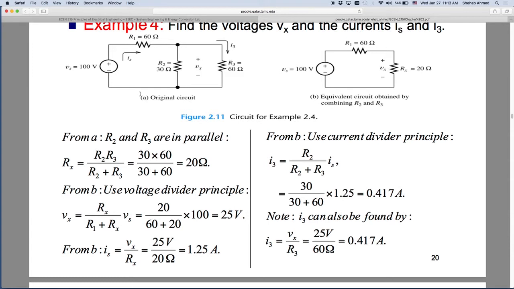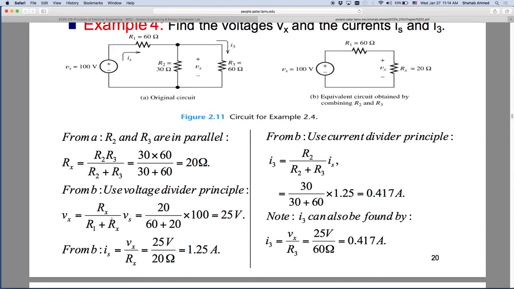The voltage divider rule. After finding the equivalent resistance, instead of taking the voltage, dividing it by the total resistance to find the current, and then multiplying it by one of the resistance values, you know that Vx will be a proportion of the total voltage: the equivalent resistance divided by the total resistance.